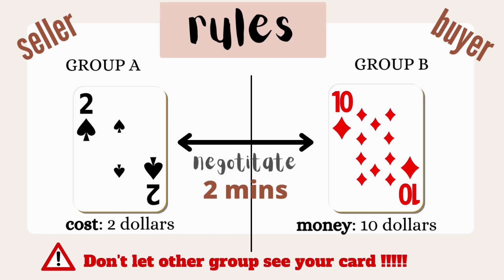If you are a seller whose cost is $2, you need to try to raise the price as much as you can. If you are a buyer who has $10, you need to lower the price as much as you can to make a profit. At the end of the game, if your team makes more profit, your team will get more rewards.